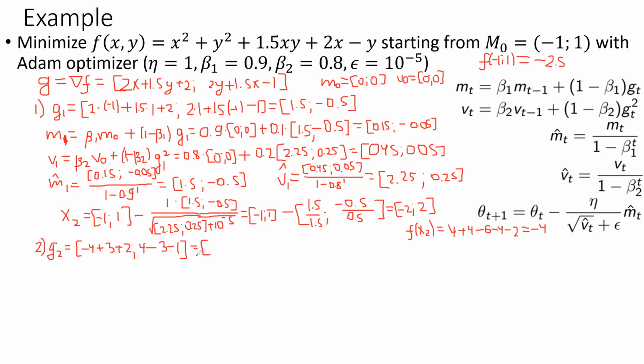So our value will be minus 4 plus 3 minus 1 plus 2, 1. And 4 minus 3 minus 1 will be just 0. So this is the value of our gradient.